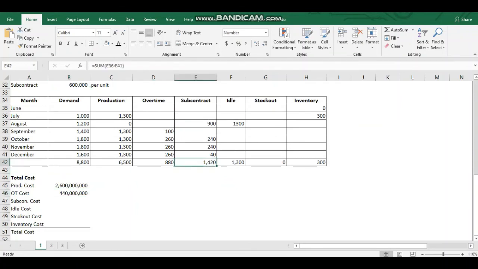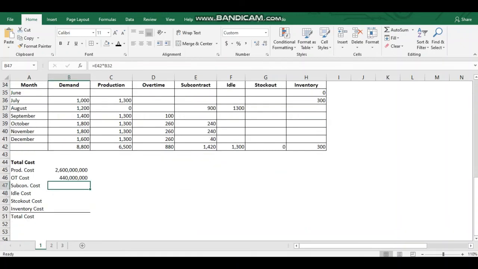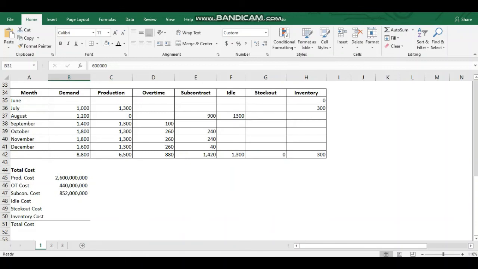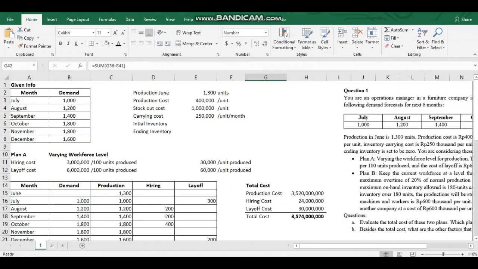And then for idle cost, total of idle multiplied by the idle cost. Stock out cost, total of stock out multiplied by the stock out cost. Oh, we don't have any stock out cost here.